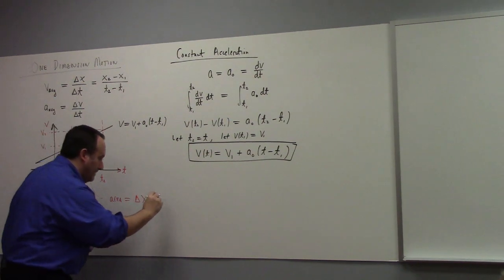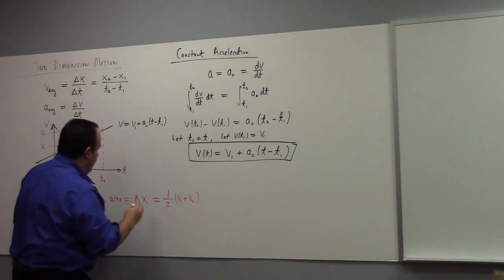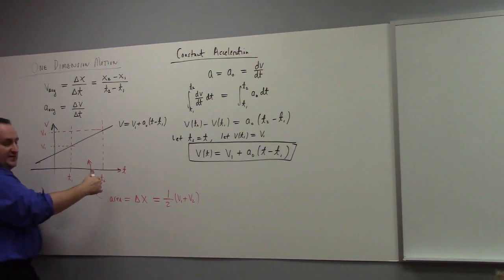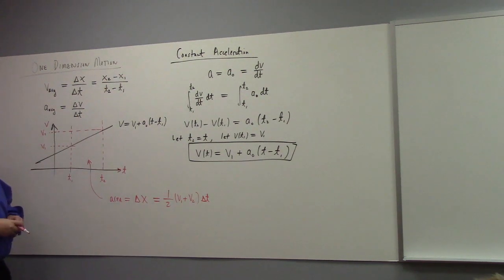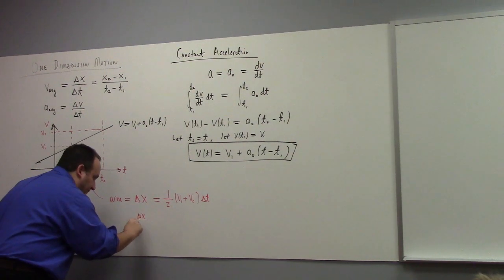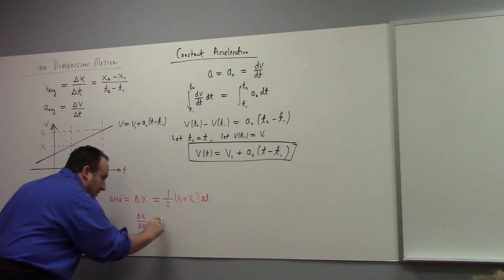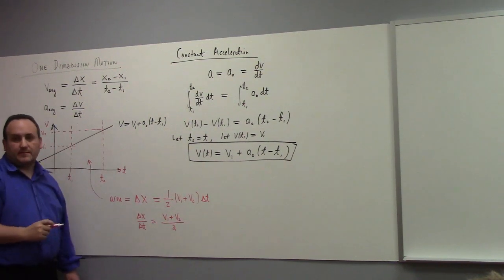So I take 1/2 of V1 plus V2, and I multiply by the width here, which is delta t. So that's just geometry. And this gives us another handy-dandy formula for V average. See, because this gives us that change in x over change in t is V1 plus V2 over 2.